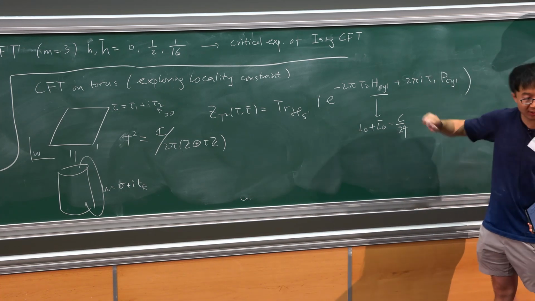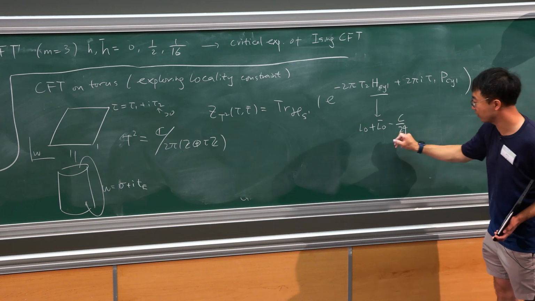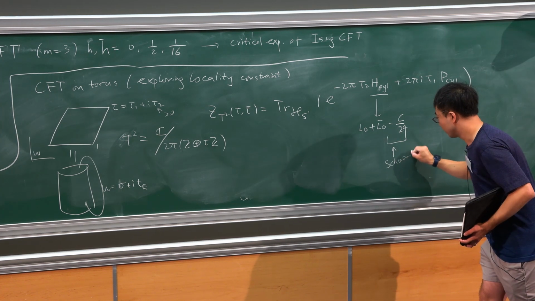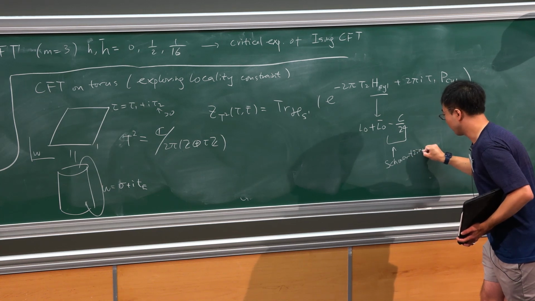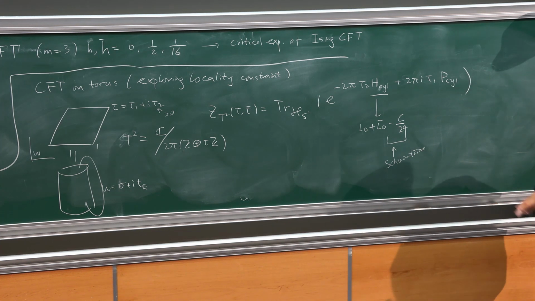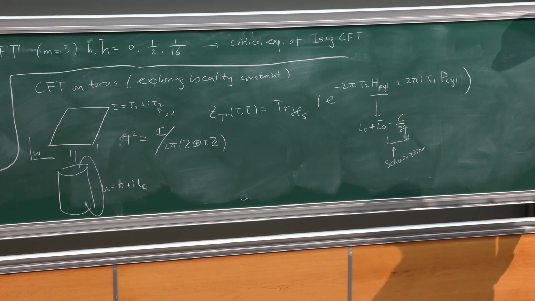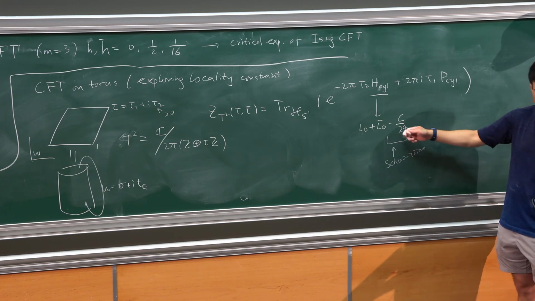Okay? This is different from the dilatation operator on the plane by this shift. And this shift is coming from the Schwarzian. Abstractly, it's a consequence of the fact that the stress energy tensor is not a Virasoro primary. Its transformation is more complicated. It has an inhomogeneous term that leads to this piece.